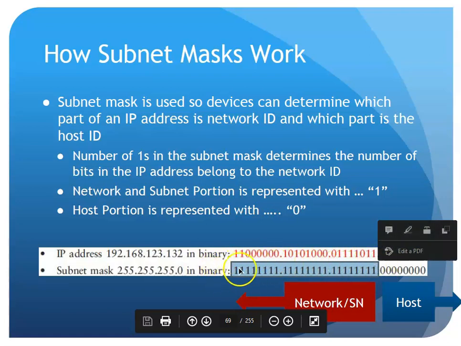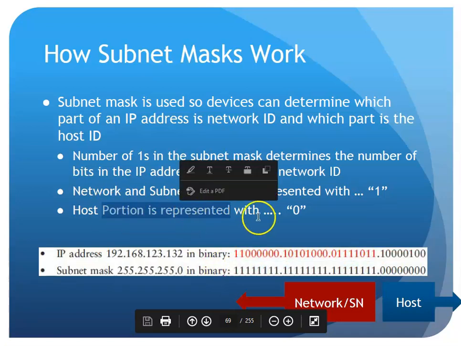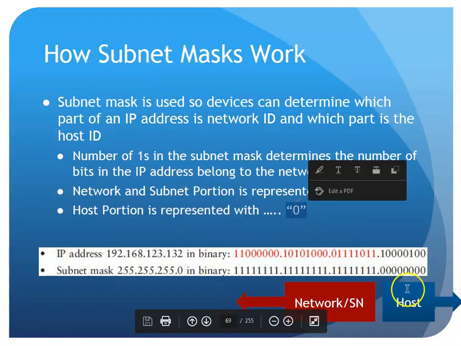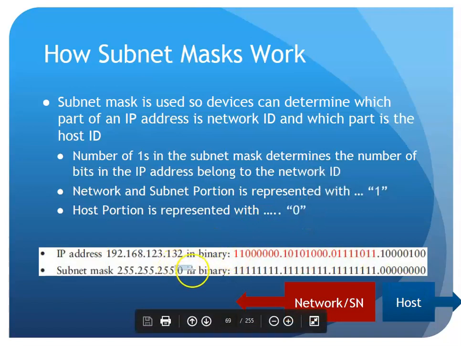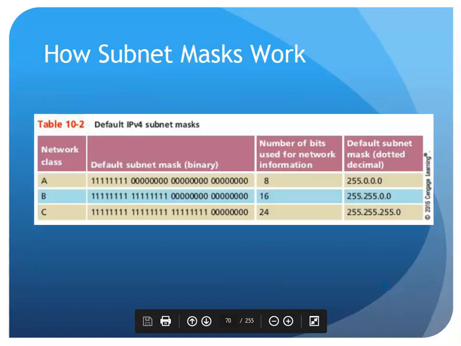Okay, so those are the network bits. The host portion is represented with zeros. So again, the last octet was 0, so the last octet over here in binary is all zeros. This subnet mask written out in binary shows you network, network, network, and the remaining octet being host, all zeros.